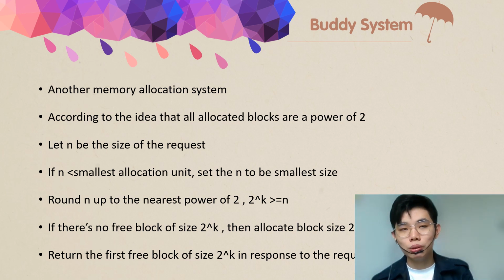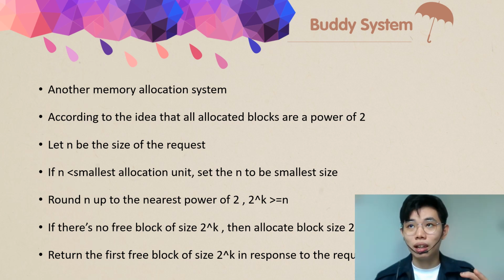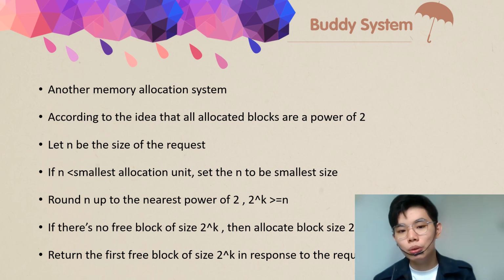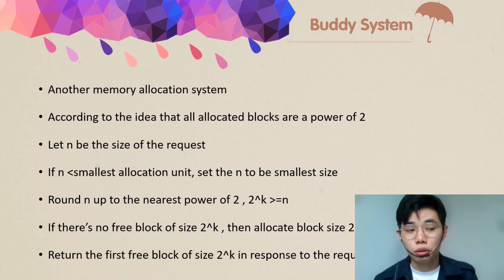To let you understand, I will briefly give an example. For example, if the allocation block is something like 60k, we may use 2 power of 6. 2 power of 6, you will get 64k, so it's enough to cater the 60k allocated block.